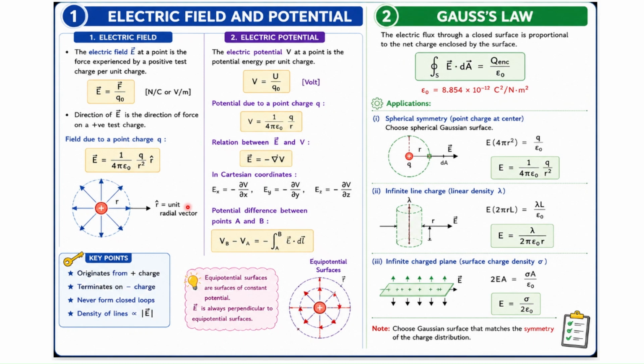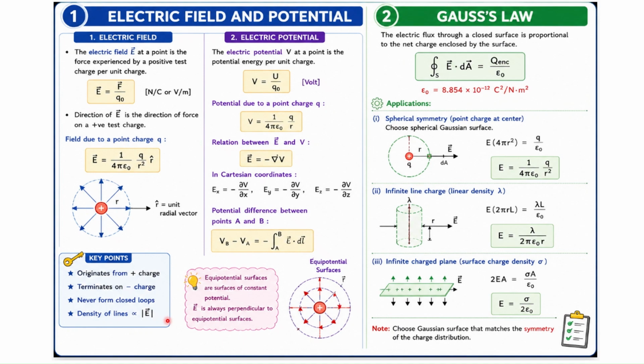Number three, the density of the lines is proportional to the field strength. Where lines are packed tightly together, the field is intense within that region. You have to take note of these golden rules before drawing any diagram related to electric fields.